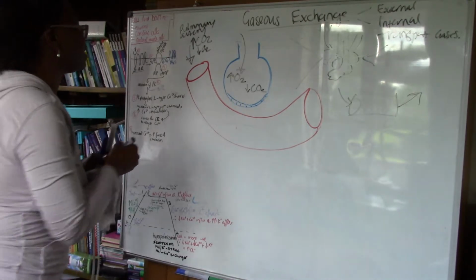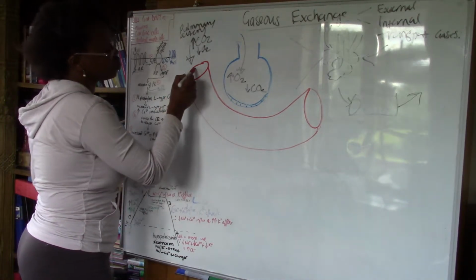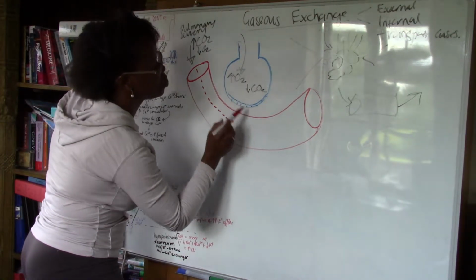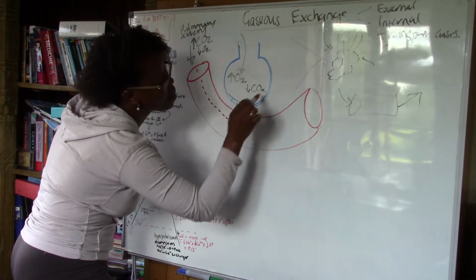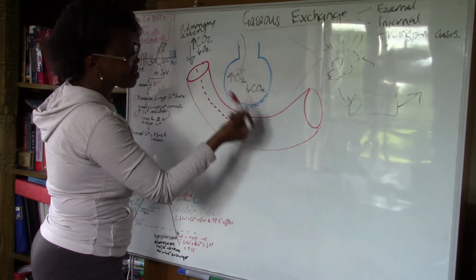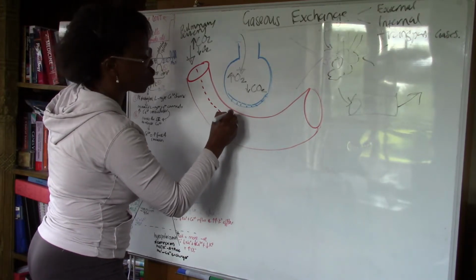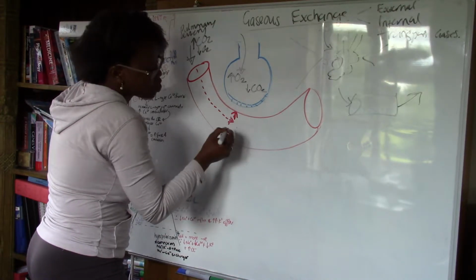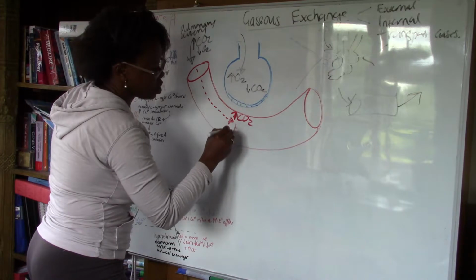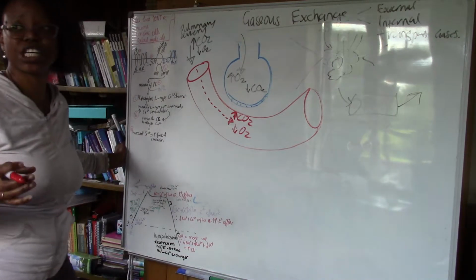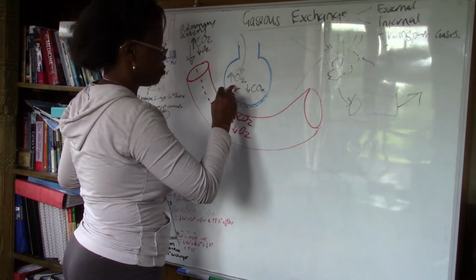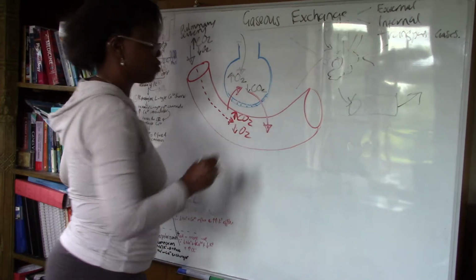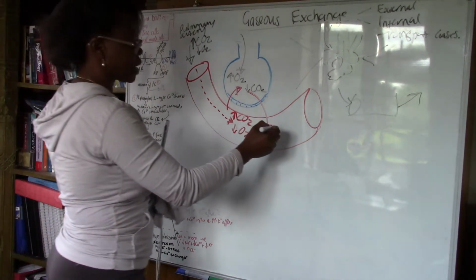So as this blood moves into the capillary and comes closer to the alveolar membrane, gases naturally go to an area where their pressure is low. Gas exchange will happen: carbon dioxide will diffuse into the alveoli, and oxygen will diffuse into the capillary.